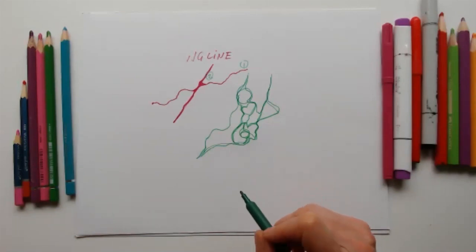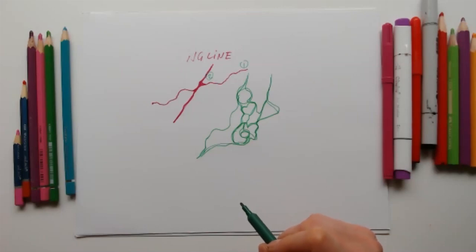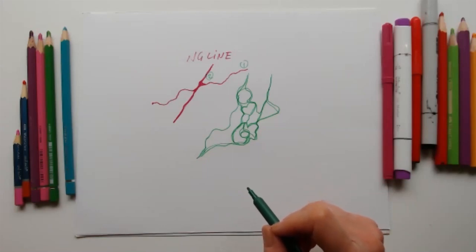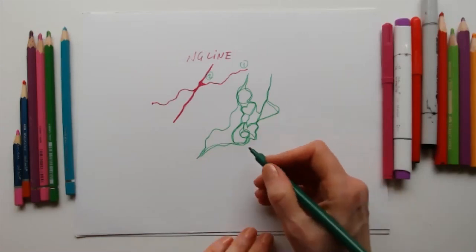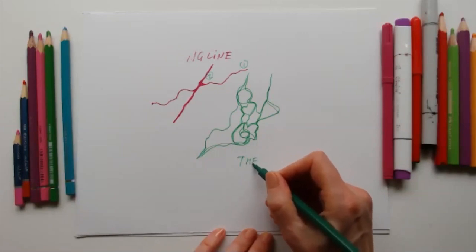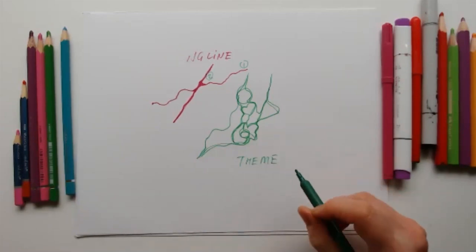All the NeuroGraphic art is then using a theme, which we use to address an issue or meet a challenge or answer a question to gain insight. So we call it a theme, which is a topic of our drawing.